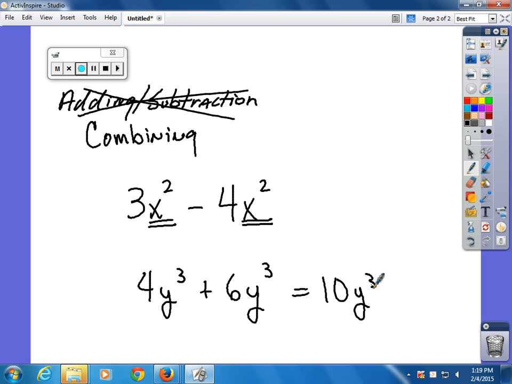The number out front doesn't matter. So what has to be the same on these? -1 x squared. Take our red marker. The labels have to what? Match. If they don't match, you can't add or subtract them.